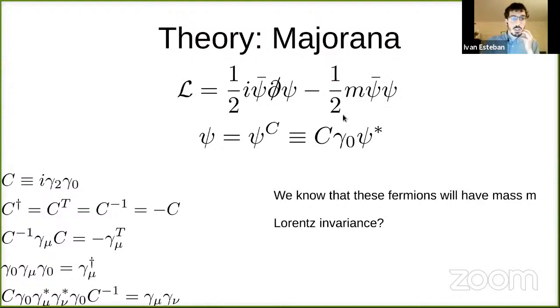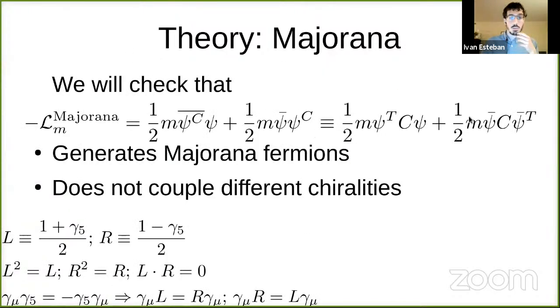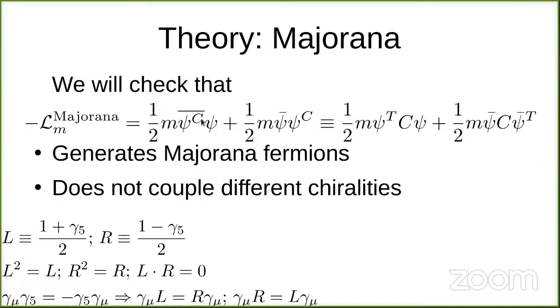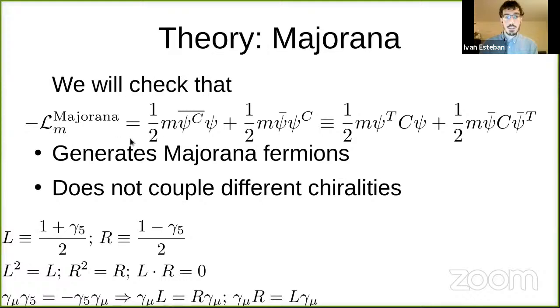So far, so good. If there is any question or any doubt, this is a good point to ask. If not, I will move forward and tackle the original question. We now have to check that this Lagrangian here, which in principle has a weird form, actually generates Majorana fermions.